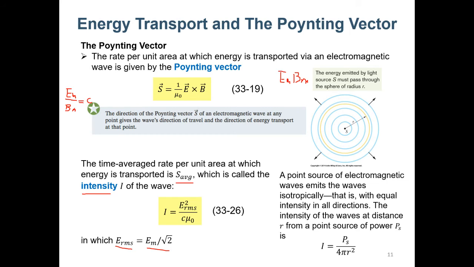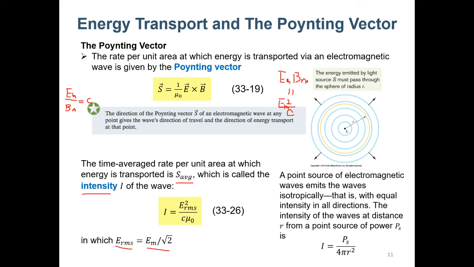And actually, we can have BM equals EM over C. So this term will become EM squared over C. So we have something like E root mean square squared over C, and then we also have a mu naught here.